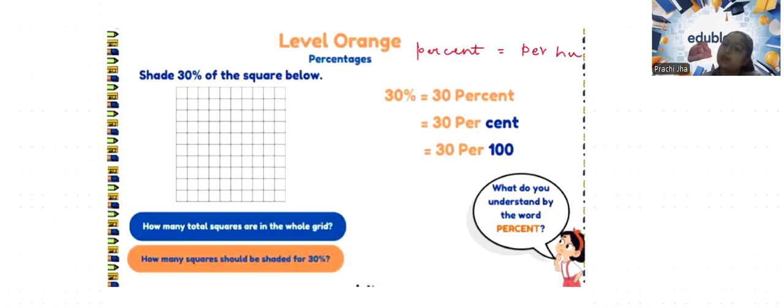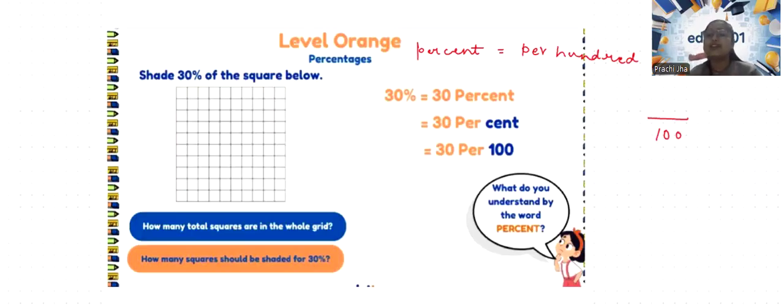The "per" means this fraction line. We have learned fractions before. So anything that is per hundred means the denominator is always fixed, that is 100. When you are comparing anything with 100, that comes as the percentage.